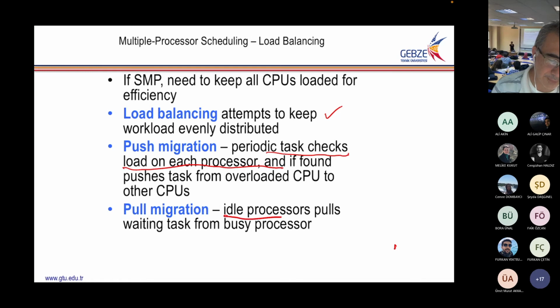And if a processor is idle, you can pull tasks from other processors so that again the load will be balanced.